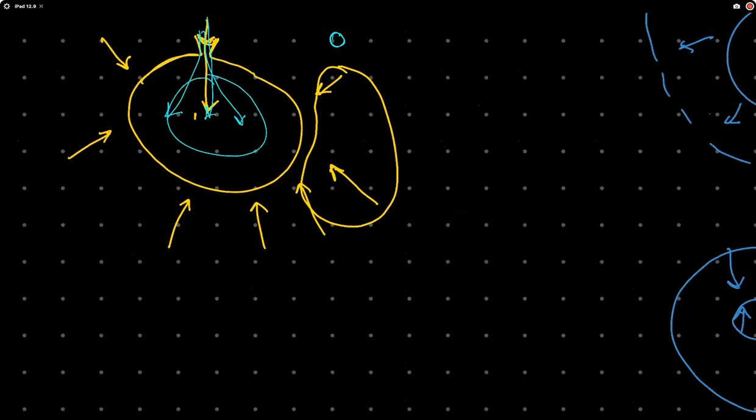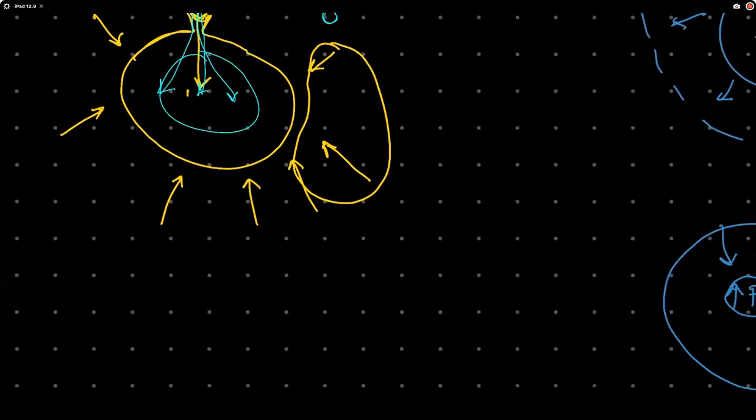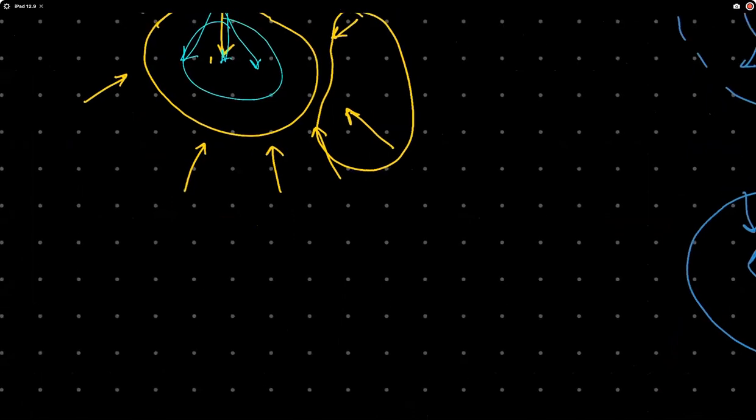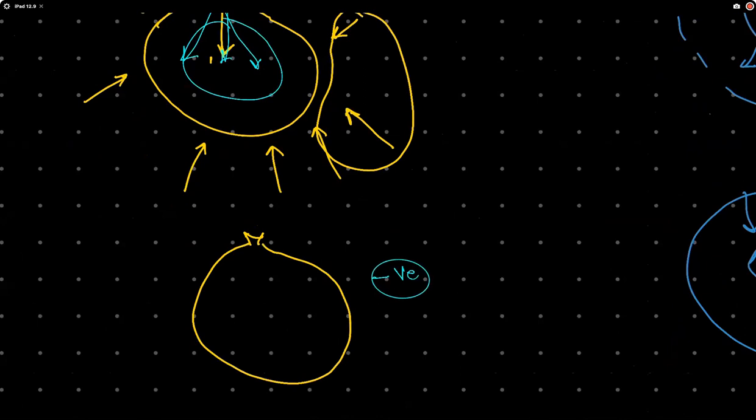Or the reverse: this balloon might be inflated if I have a negative pressure on the outside and a 0 pressure on the inside.